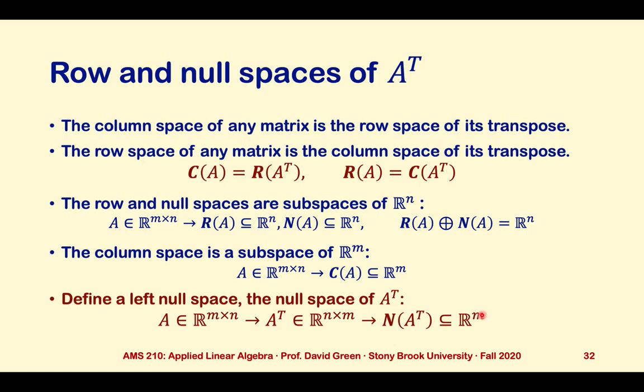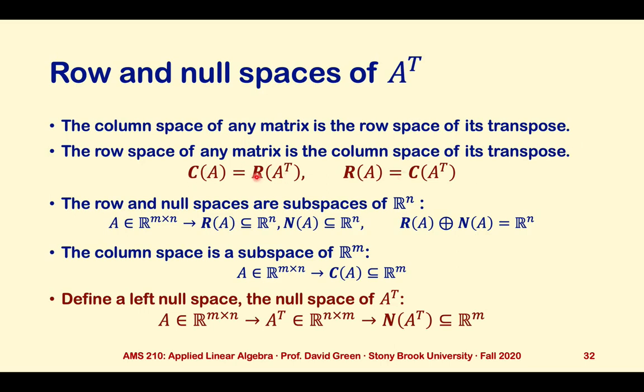There are additional relationships between the column space and the row space with the transpose that should be fairly obvious. The column space of a matrix is the row space of its transpose, because when we take the transpose, we change columns to rows. And similarly, the row space of any matrix is the column space of its transpose.